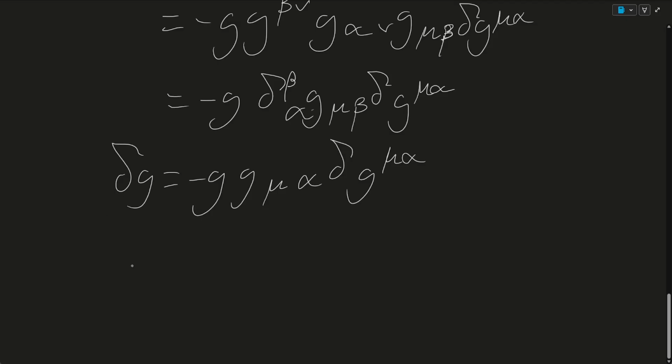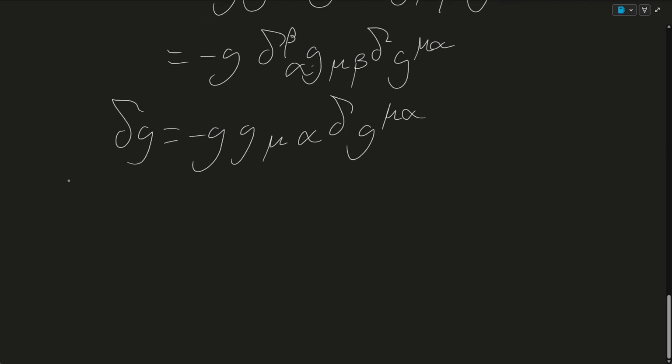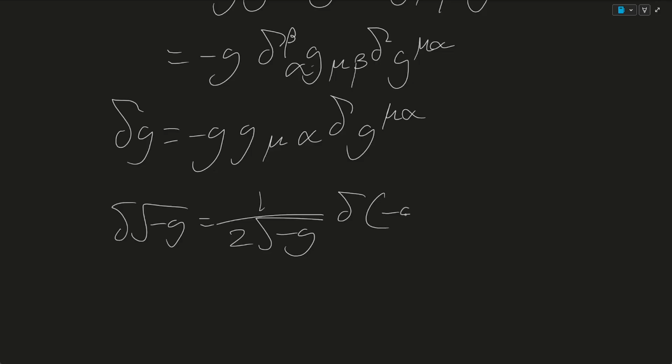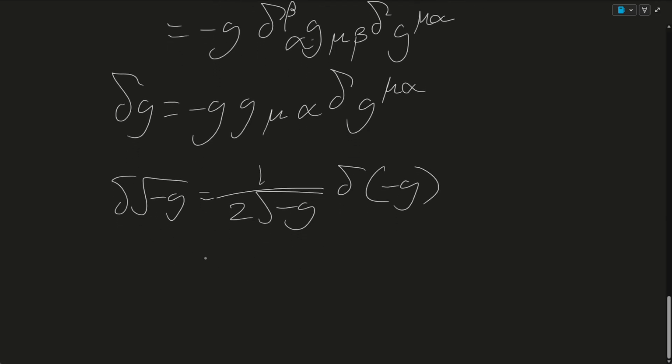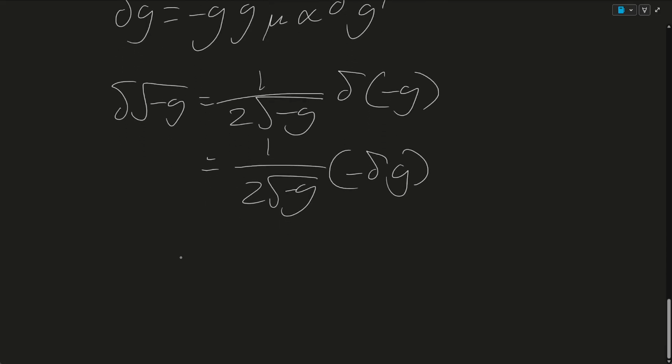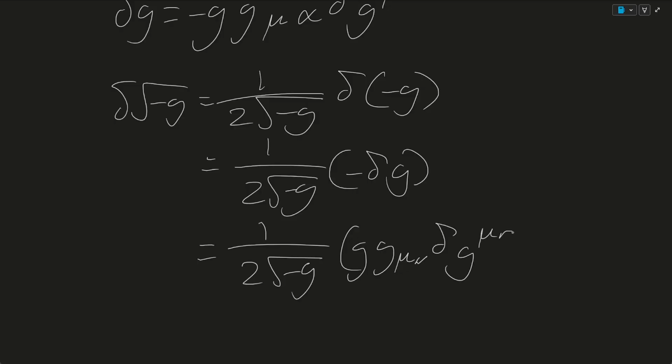Of course, we're trying to vary root of minus g. So first of all, let's write that in terms of delta g. So delta root minus g is equal to 1 over 2 root minus g delta of minus g. That makes sense. Yep. 1 over 2 root minus g minus delta. We can bring that in, which is 1 over 2 root minus g times g mu nu delta g mu nu.